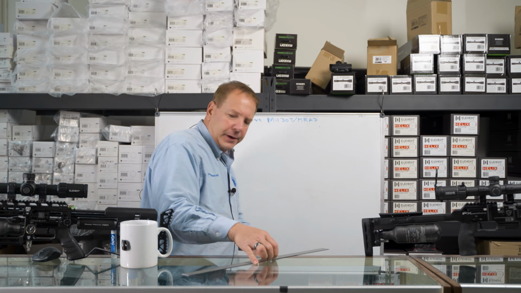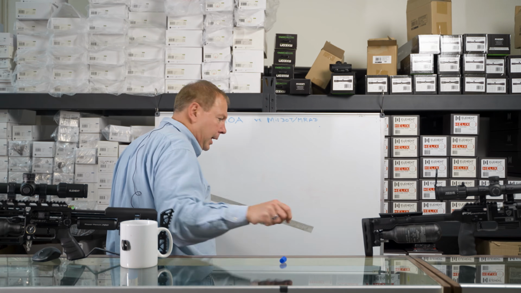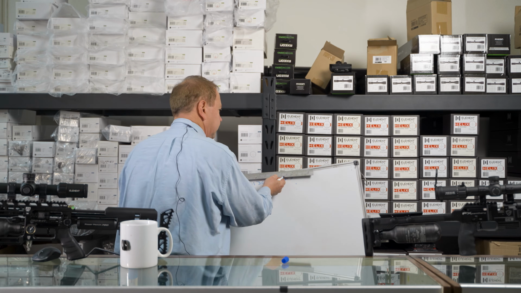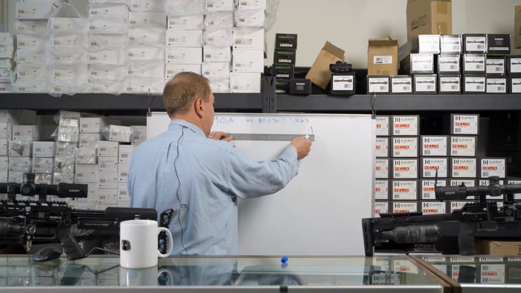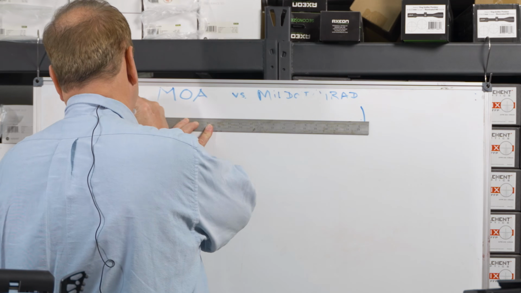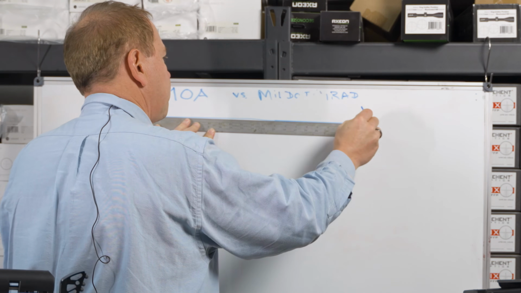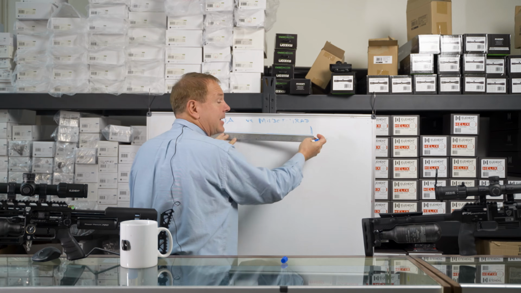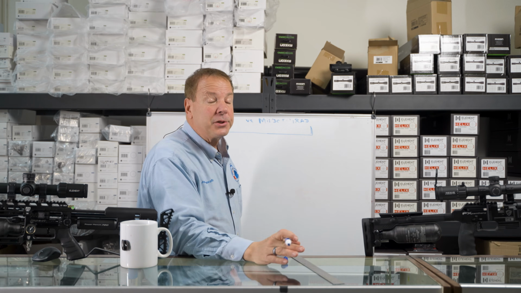So let's do our little 3D BB over here. And if we were to draw a line, we'll measure something like at 100 yards, and we'll say, here's our 100 yards. And I'm exaggerating it so that you can see it easier, because an MOA is, here's the math part, but you don't need to know this.